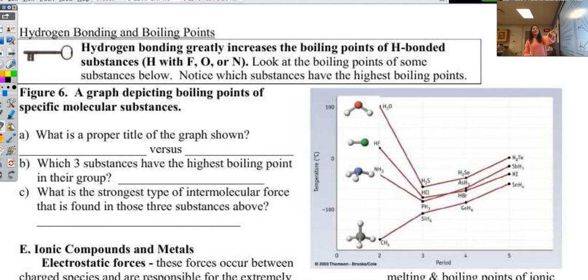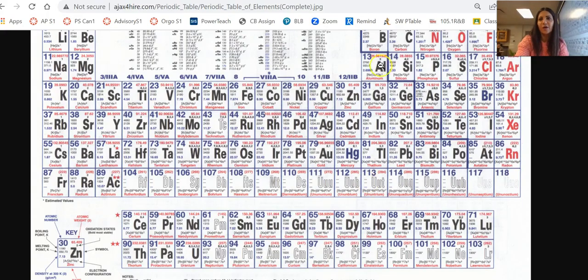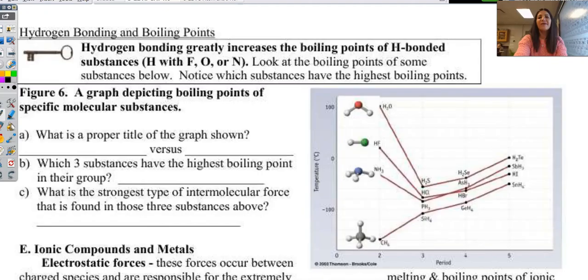And it does work for CH4. If we look at carbon, silicon, germanium, and tin, it goes in the correct order, increasing boiling point. But if you look at hydrogen with oxygen, fluorine, and nitrogen, which is our phone, you can see that it goes outside the trend.